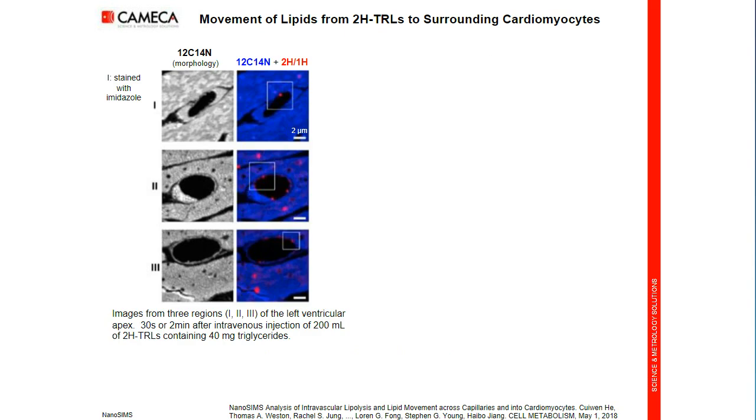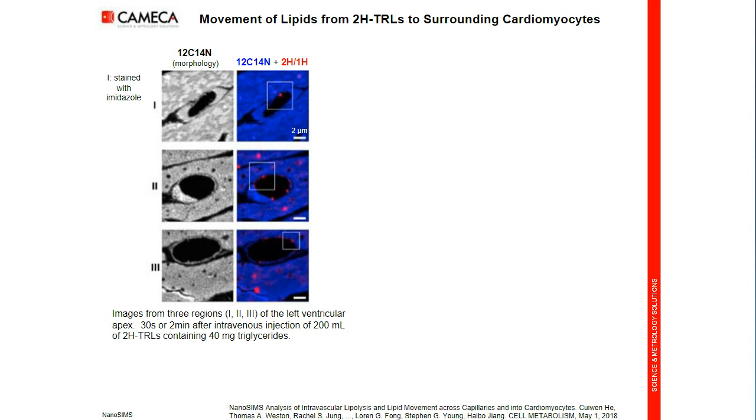We now see 3 locations of capillaries surrounded by endothelial cells and cardiomyocytes all around. These images are very shortly after TRL lipid injection, 30 seconds or 2 minutes. We can observe in red marginated lipid droplets. Field of view is 10 by 10 micron.